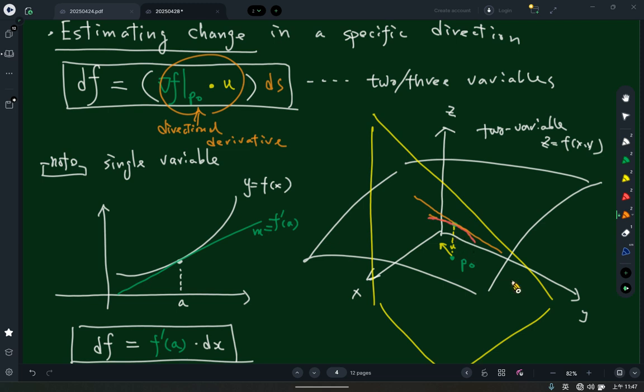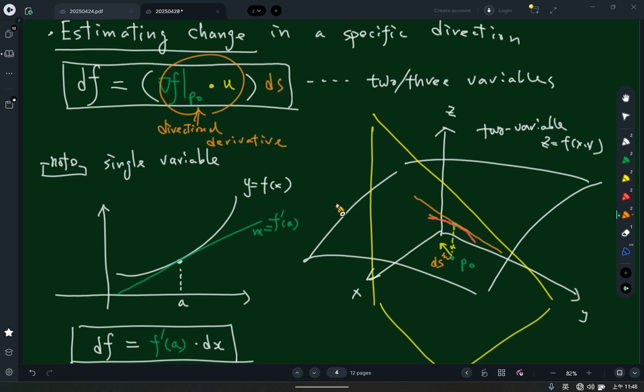So if you want to estimate in some specific direction, the specific direction is just follow u. So you can see if we can have a small change here. If we follow this direction, and we have a small change here, this is ds, then how much change will be made for this case?